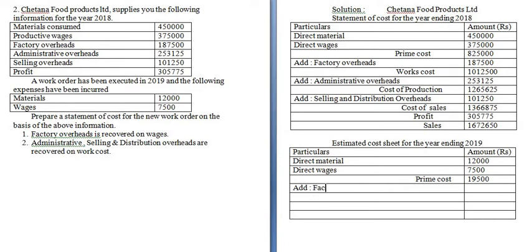Next is add factory overheads. For factory overheads they have given an adjustment. Go through the problem and read the first point: factory overheads is recovered on wages. So you will have one working note.